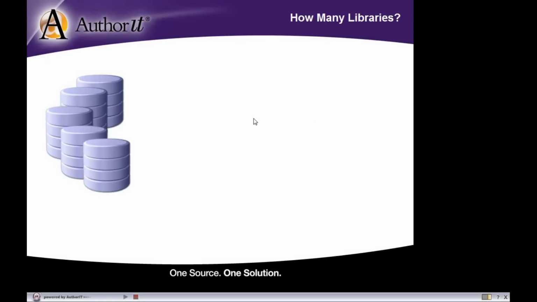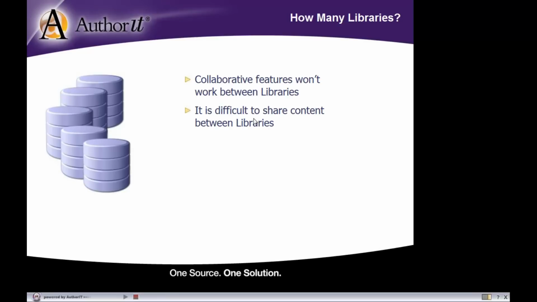All right, so we're asked many times, how many libraries do you need? The answer to that is one production library, or in other words, one production database. And the reason for that is because the collaborative features of Author-it don't work between multiple libraries. And it's very difficult to share content between those libraries.